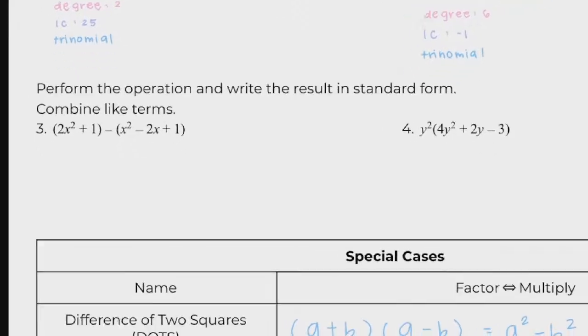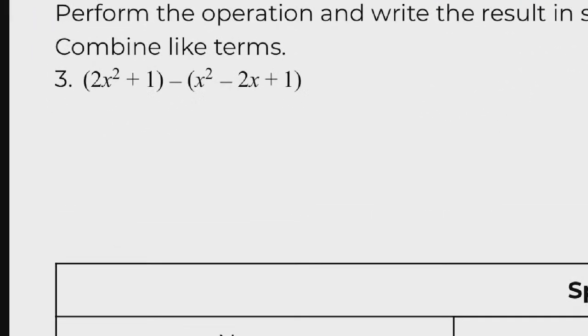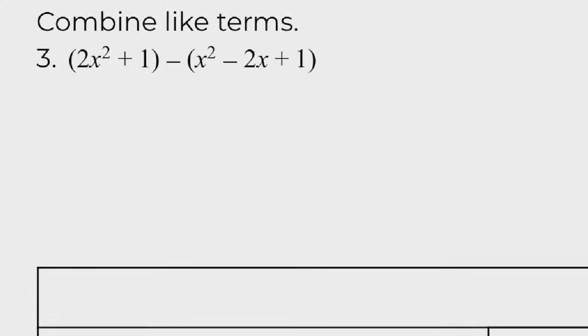Okay, next we want to perform the operation and write the result in standard form. So what we want to do is combine like terms. In this problem, we're going to first distribute the negative sign. So we get 2x squared plus 1 minus x squared plus 2x minus 1. And then we're going to combine like terms and write the answer in standard form.